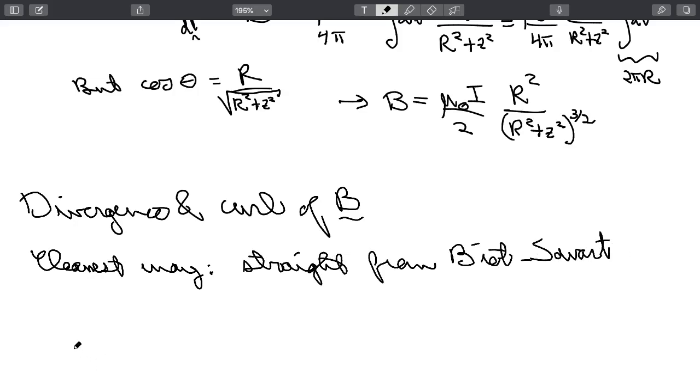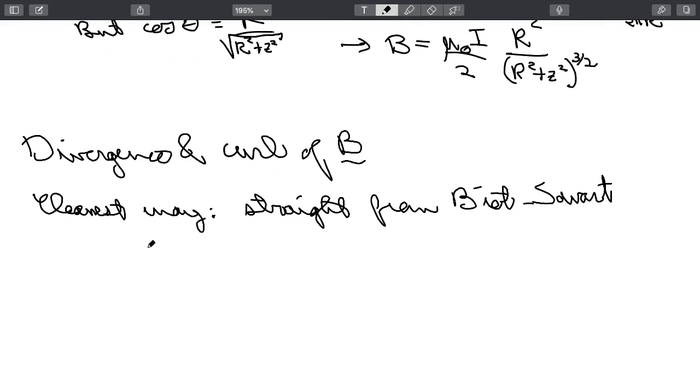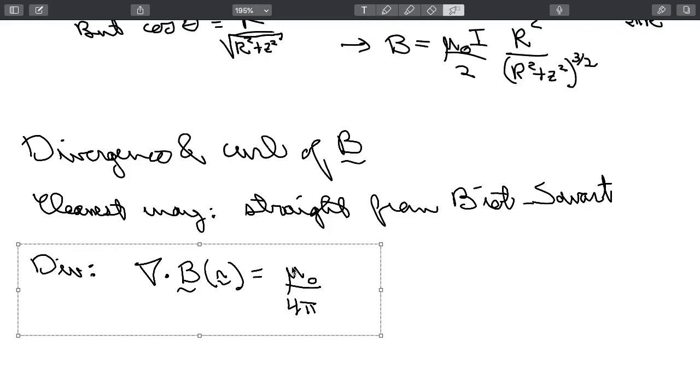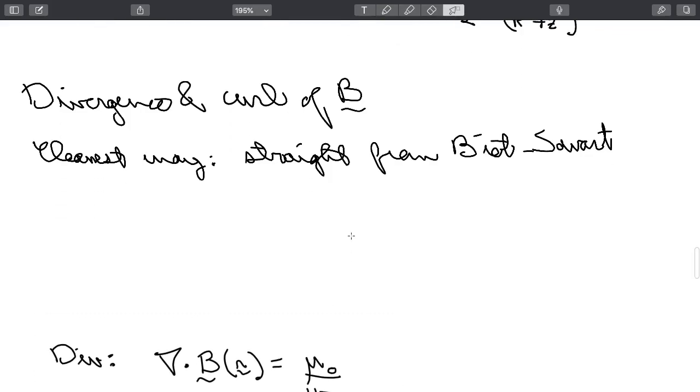Okay, so let's do the divergence first. So we're going to have the divergence of B evaluated at r. I've got my mu0 over 4 pi. And maybe what I'll do is first give you the volume version of Biot-Savart.